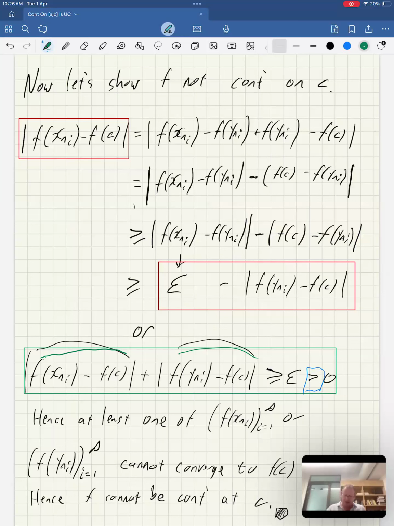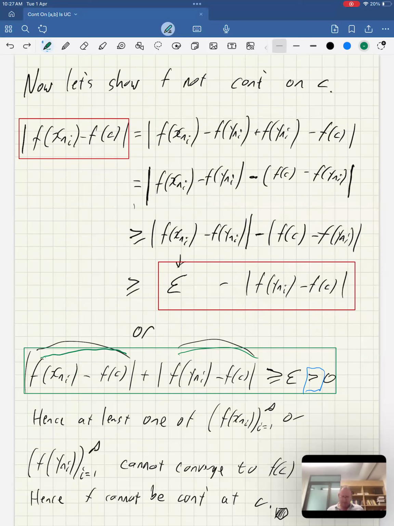Because these two things are non-negative, and their sum is greater than or equal to epsilon, strictly greater than 0, at least one of them does not converge to f(c). This is quite a sophisticated proof.